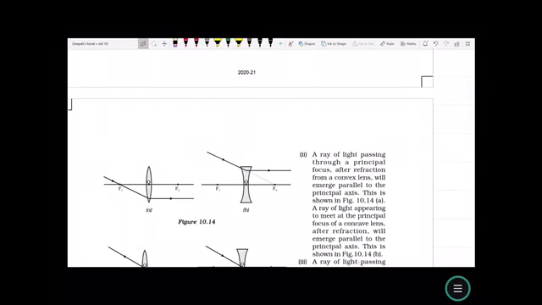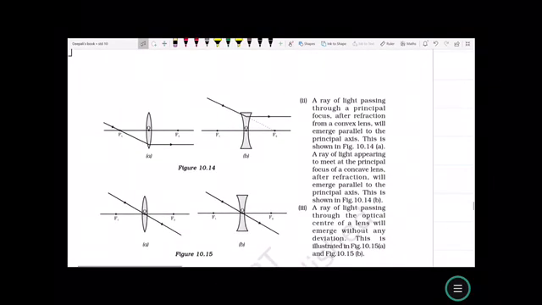Now, second, a ray of light passing through the principal focus, after refraction through a convex lens, will emerge parallel to the principal axis. This is shown in figure 10.12. A ray of light appearing to meet at the principal focus of the concave lens, after refraction, will emerge parallel to the principal axis.